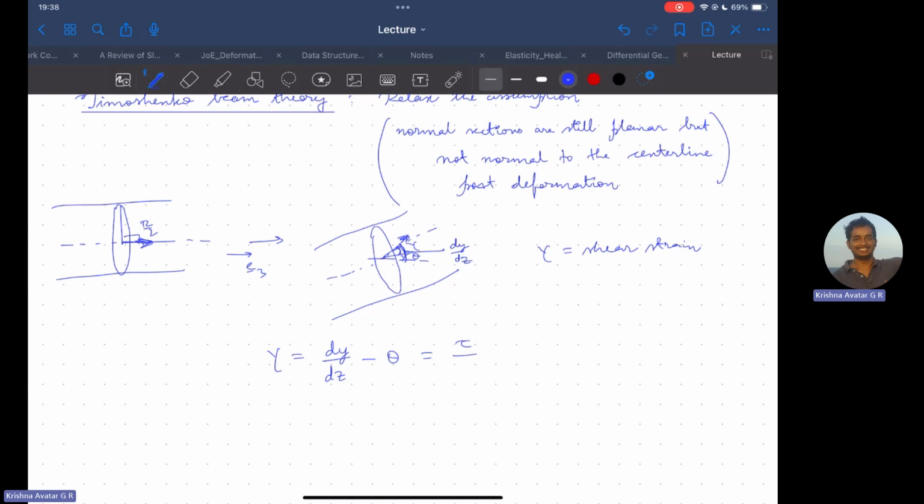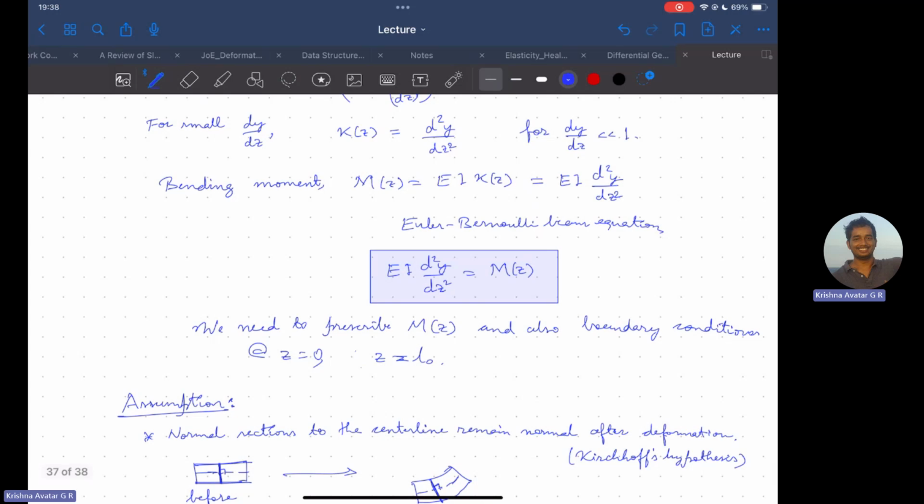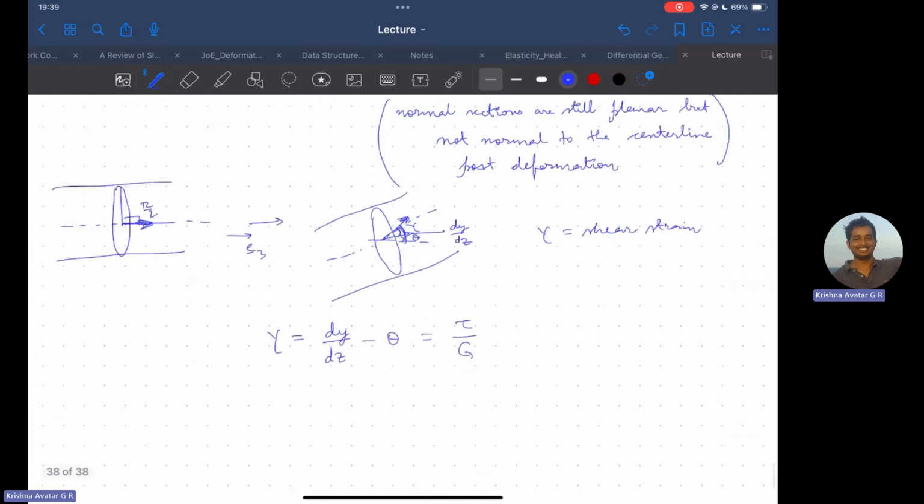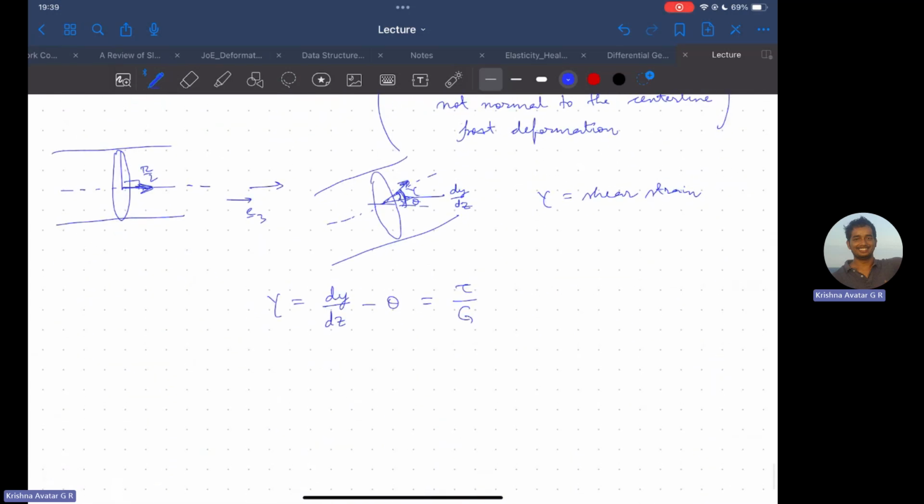And this we can write as tau by G. I believe I had used tau somewhere else as well. Here tau was torsion, but this is shear stress.